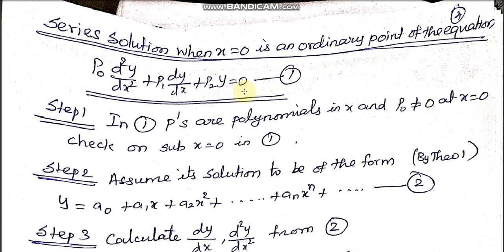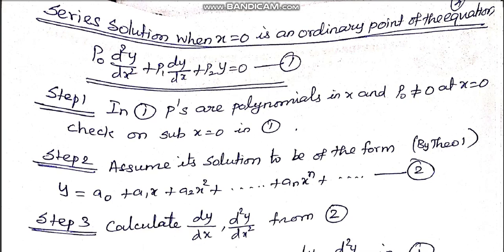Its solution should be in the form y equal to a naught plus a1 x plus a2 x square plus etc. plus an x power n. This is our theorem 1 from the previous lecture. Now we proceed to some problems related to theorem 1.